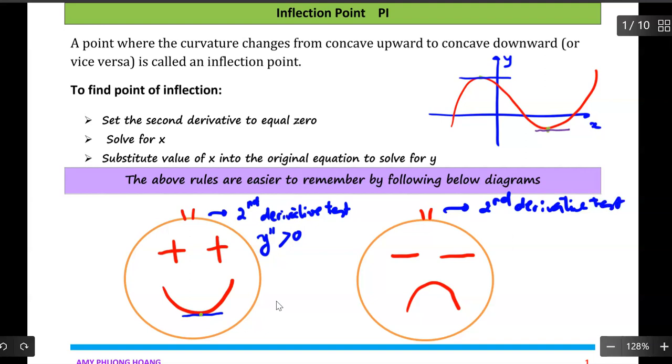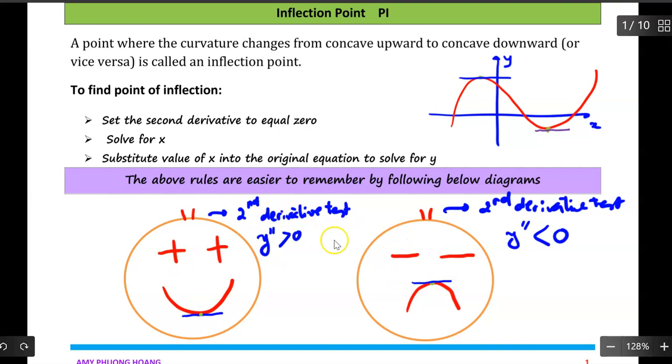And if my y double prime is less than 0, it means that it is negative, right? So the curve or your function will be concave down, and right here is your maximum point. And at that maximum point, if you draw the line tangent to that, then you have a slope equal to 0 because it's a horizontal line.